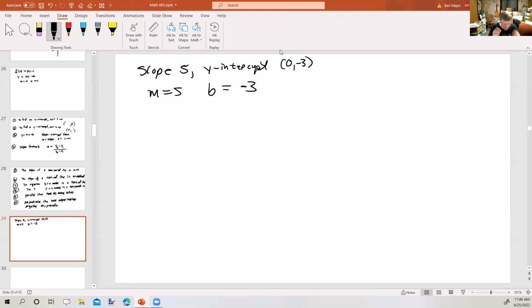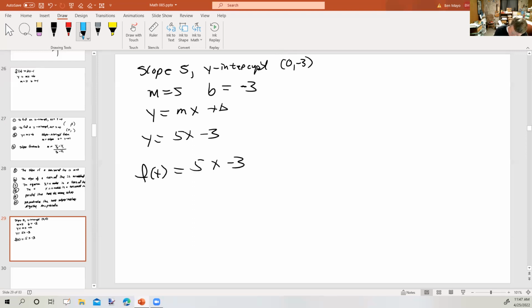Do you see how I got from the slope is 5, the y-intercept is -3 to m is 5, b is -3? Any questions about that? Okay, so using y equals mx plus b, we get y equals 5x minus 3, but it says write it as a linear function, so we'll use f of x instead of y. So f of x equals 5x minus 3. Any question about that example?